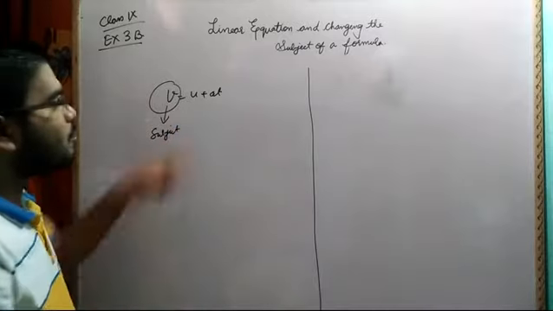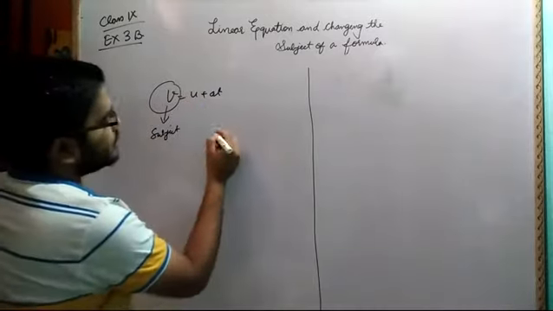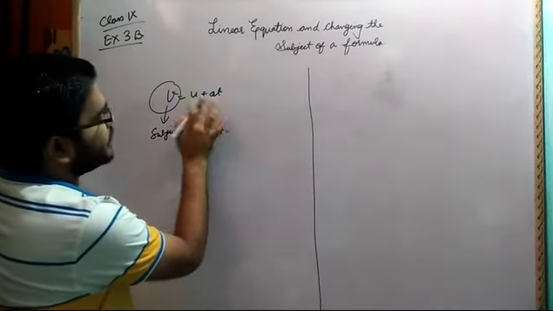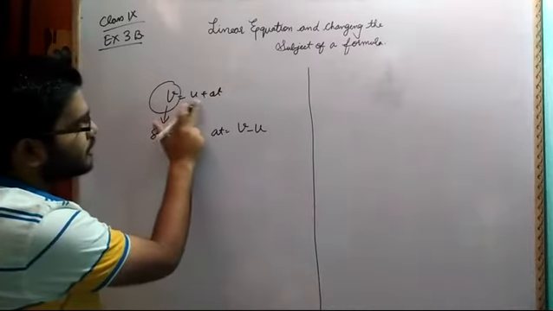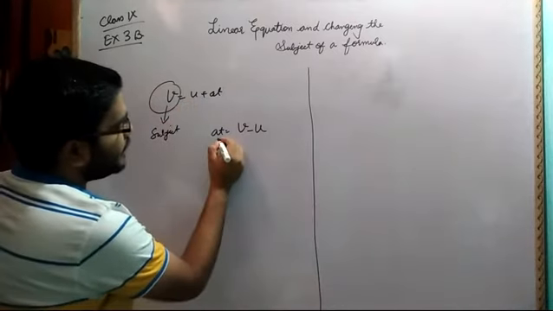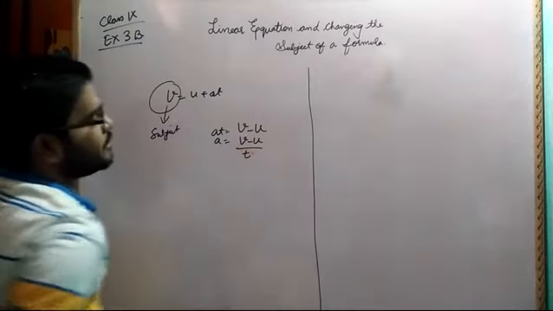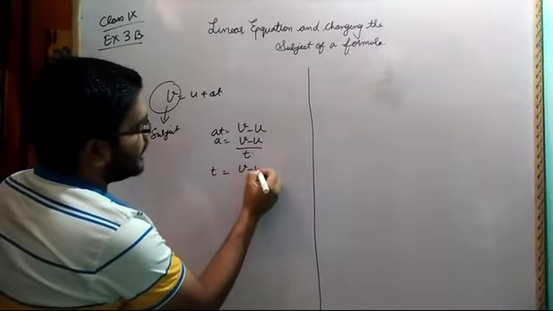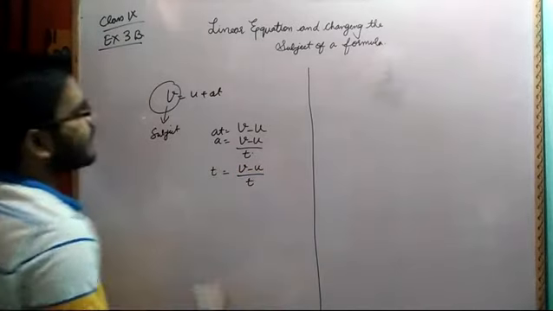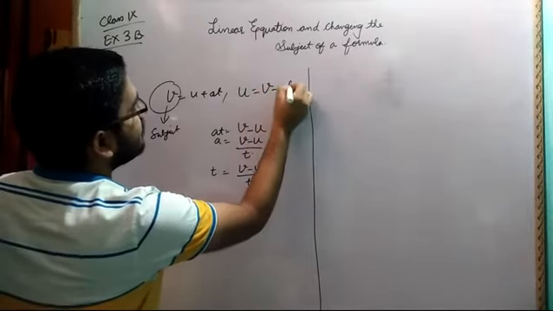If I want to make a the subject here, then what do I have to do? I have to write at is equal to v minus u, then a will be equal to v minus u by t. Similarly, if I have to make t the subject, then I will write t is equal to v minus u by a. If I have to make u the subject, then u is equal to v minus at.